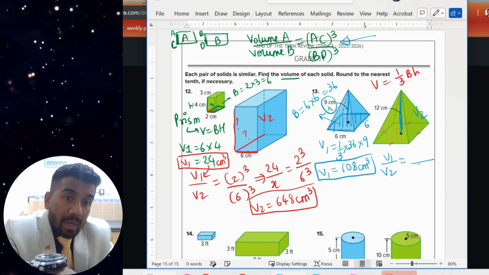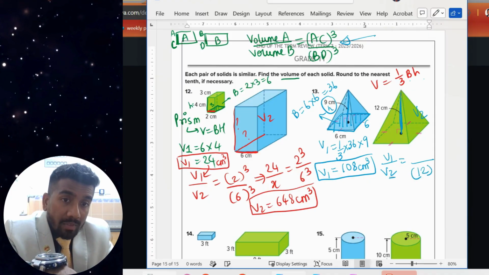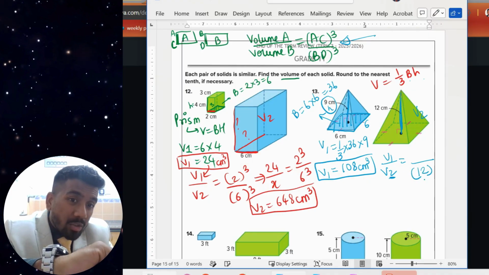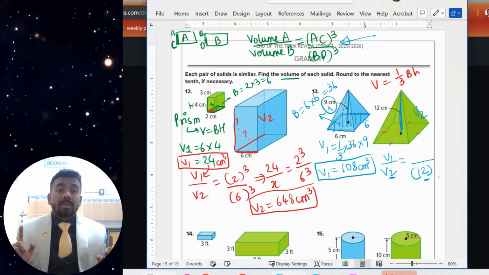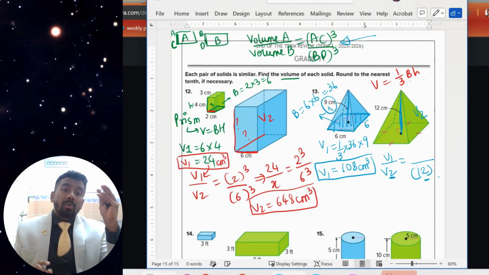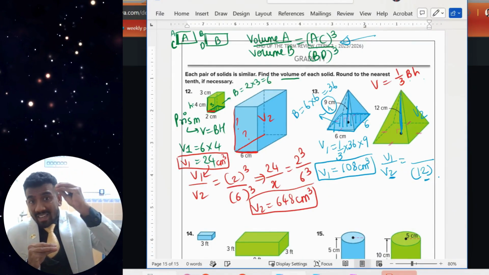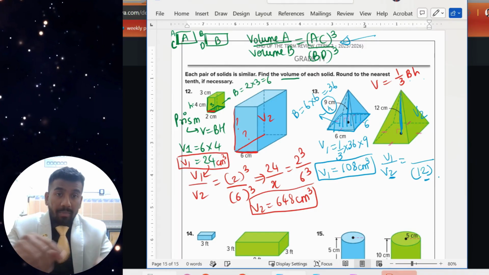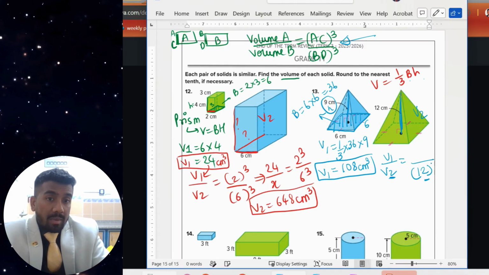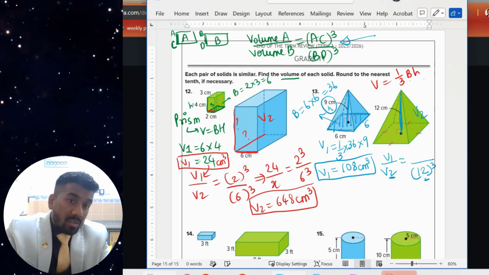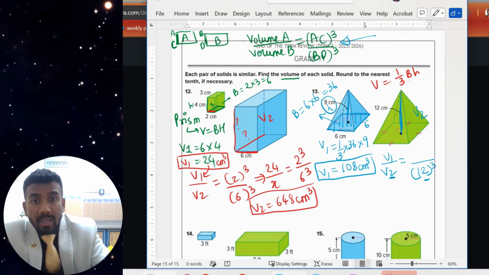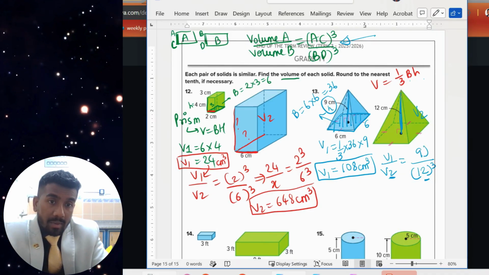So we have to take that 12 down, because V2 we have taken down. So its side also should be taken down. Many of the students make this mistake. If you take the volume V2 down, you have to take that side also down. Don't take it up, it won't give you the same answer. So volume is down, side is also down. For volume V1, the side is 9, that will come up.